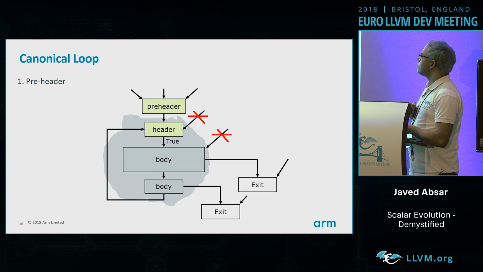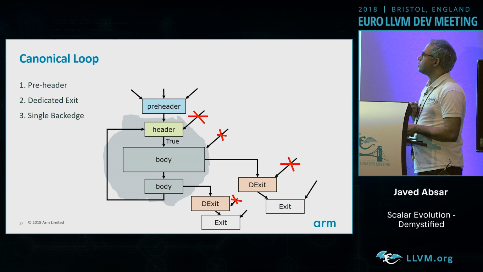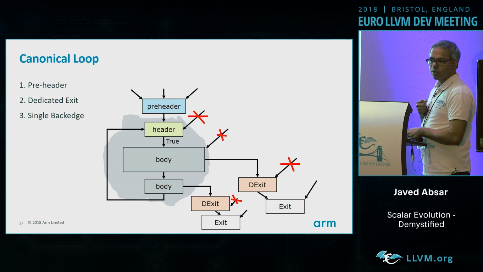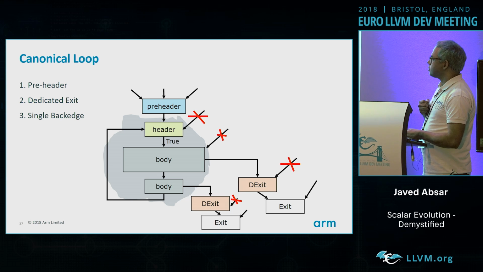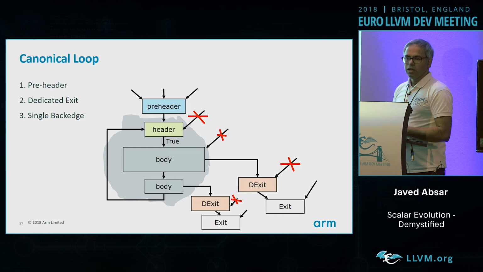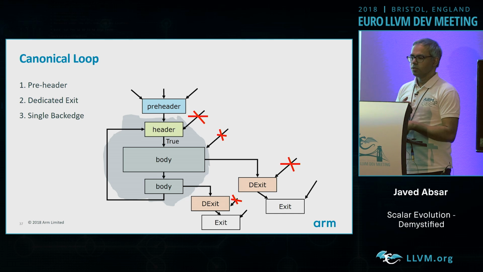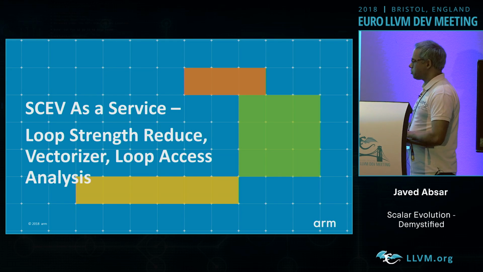If you have a pre-header, you just move it out of the loop into here. Second, a dedicated exit. If you want to sink code out, you don't want it to be executed on the wrong path, so the exit path is down here. And the third thing is a single backedge. If you had multiple backedges, it's going to refactor it. So these are transformations that you do to a loop that passes can use. So, end of commercial break.